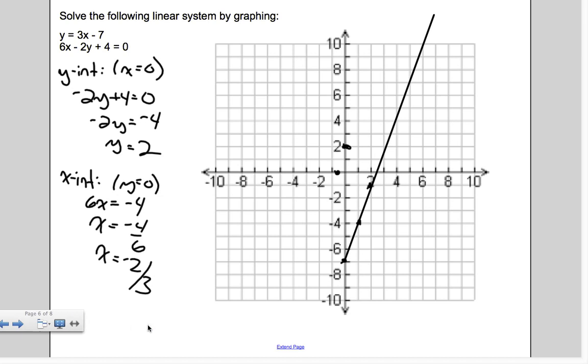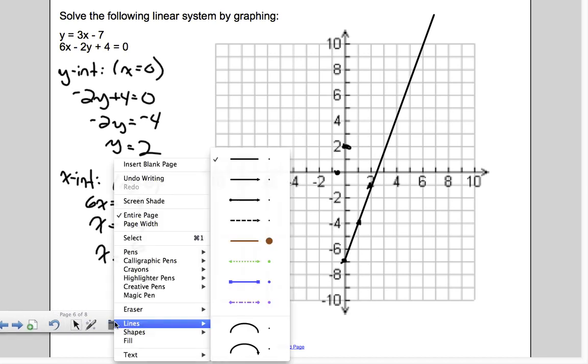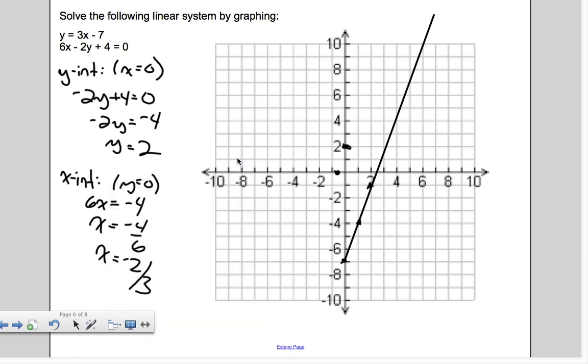Let's draw this line. They're parallel, so you're going to notice. What I could have done is worked this algebraically.